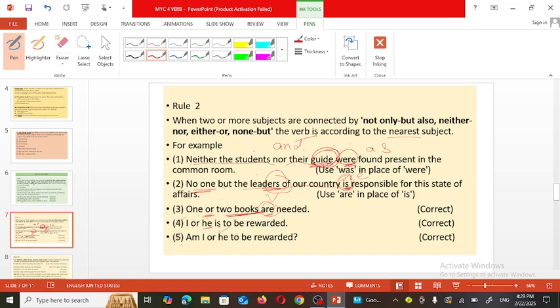But here, is is not used first because immediately before this to be form, what is the subject? Subject I is there. So with I, which helping verb must be there? Am. And that's why while writing the question, we have used am I or he to be rewarded.